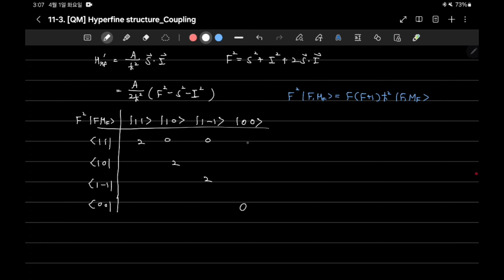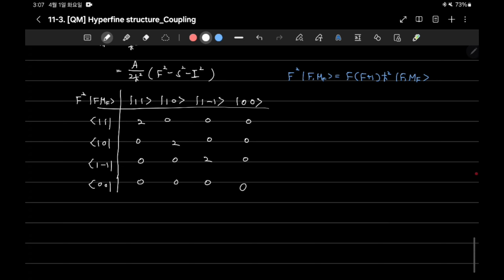The other elements are 0 because of orthogonality. So the f square matrix can be written down like this. For the hyperfine Hamiltonian, h bar square can be cancelled, so a half times 2 0, and the other elements are all 0.